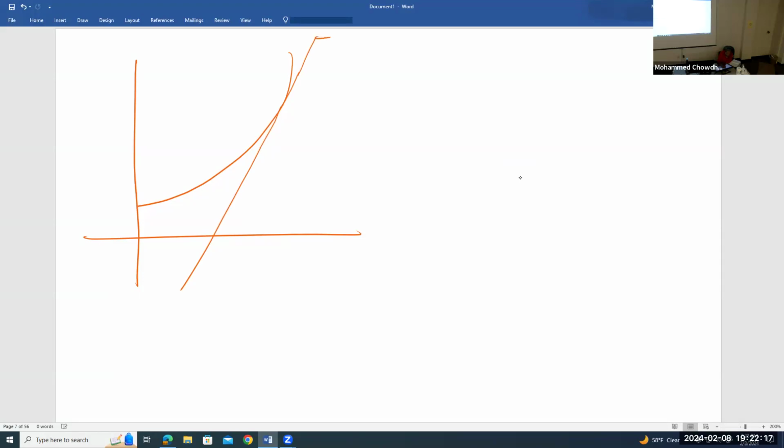I can go at this fast rate, that slow rate, or that faster. Slope, tangent, okay? So that is called the slope. And slope always means derivative, right? Okay, so that is the place.